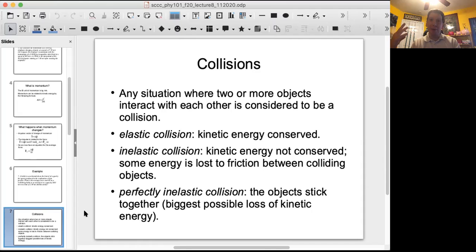One example would be billiard balls, because the billiard balls are spherical. They make very little surface contact with each other when they alter each other's motion, and that makes it possible, neglecting the friction on the surface of the pool table, to approximate the collision as being elastic.